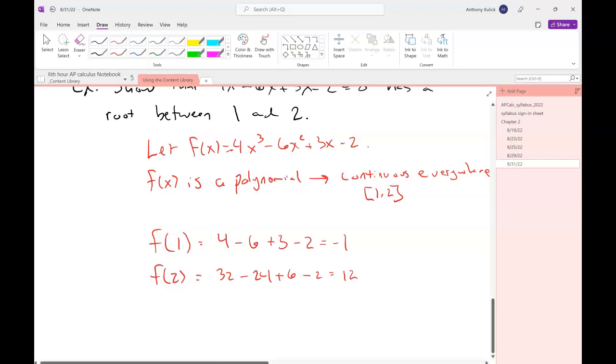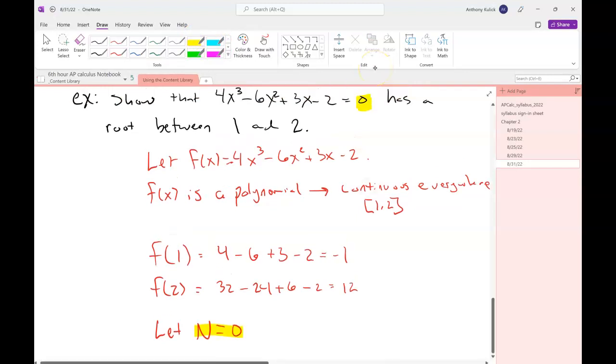Okay? So the value of n we're interested in between negative 1 and 12 is 0, because the equation we're trying to solve is equal to 0.